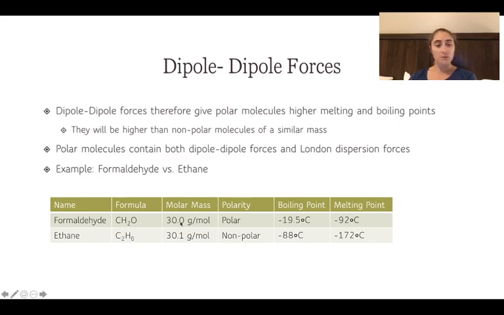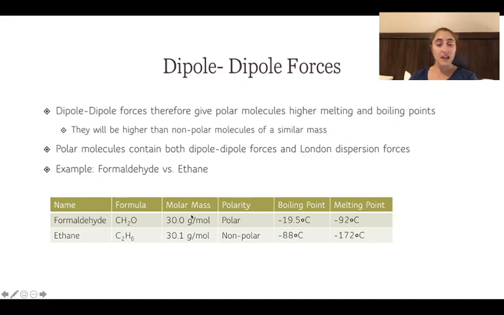Look at the molar mass of each of these two molecules. We've got formaldehyde, which has an approximate molar mass of 30, and ethane, which has an approximate molar mass of 30.1. Remember, in the previous PowerPoint, we said that as you increase in molar mass, you should increase in your boiling points and melting points. The ones that have the higher molar mass should have the higher boiling points.